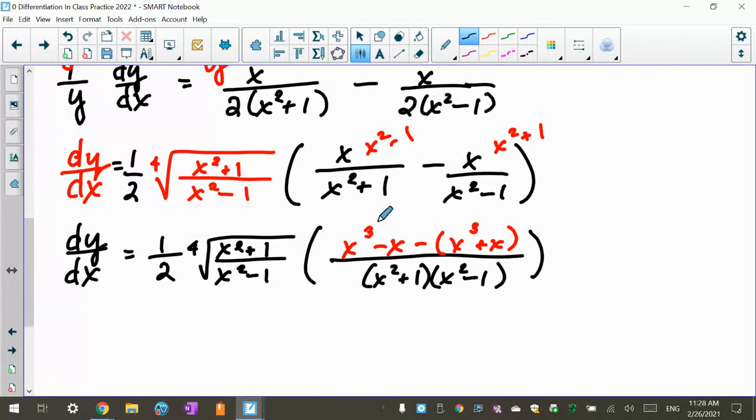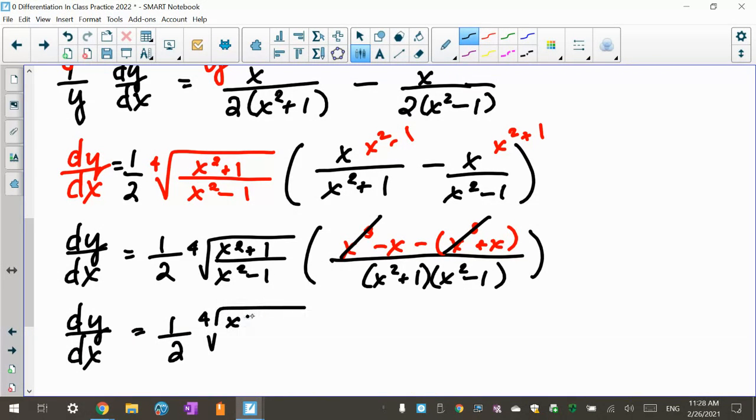I see these x cubes cancel out, so I have a negative 2x in the top. So I have dy dx equals 1/2 the 4th root of x squared plus 1 over x squared minus 1 times negative 2x over x squared plus 1 times x squared minus 1.